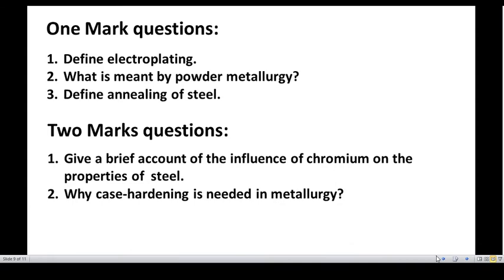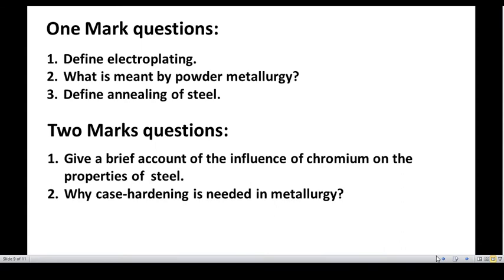Or with respect to the electrodeposition of the required metal, and particularly in metallurgy, the electrodeposition is actually the simultaneous deposition of alloying compounds on the mold of desired shape, which is made as cathode by the passage of DC current. So that is with respect to alloys.